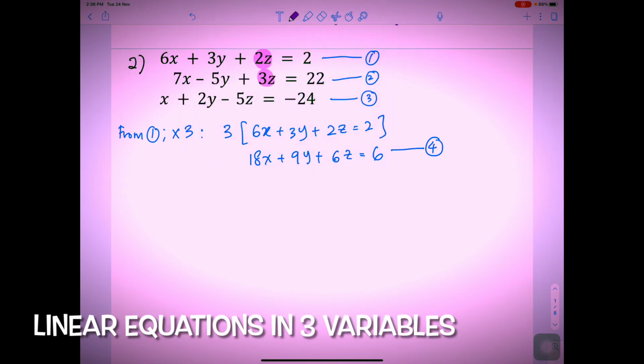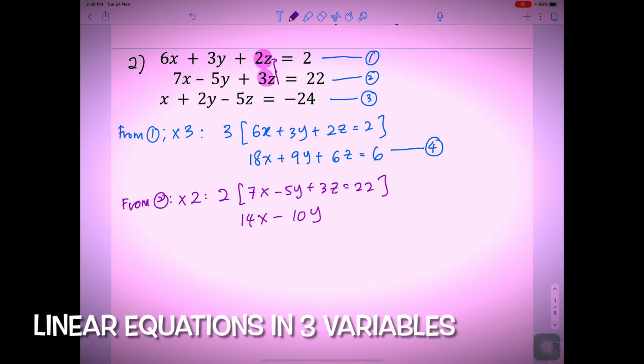And the second one, from equation 2, multiply with 2 so that the z terms are the same. So 2 times 7x minus 5y plus 3z equals 22. Then expand, so 14x minus 10y plus 6z equals 44, and we name it as equation 5.